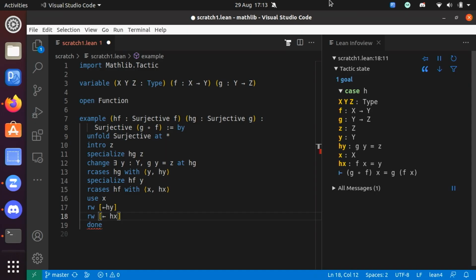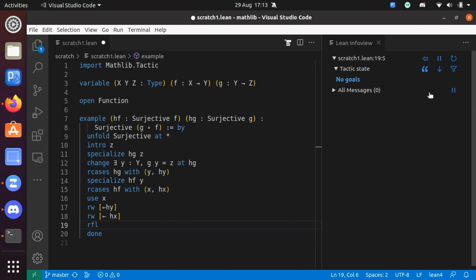Now this is looking really good, because now I've got to prove that g composed with f of x equals g of f of x, but that's just the definition of function composition. And so this goal says g of f of x equals g of f of x, and so this is true by reflexivity of equality, right? And reflexivity of equality is called rfl, and there we go. And now we proved it, and so now there's no goals left.